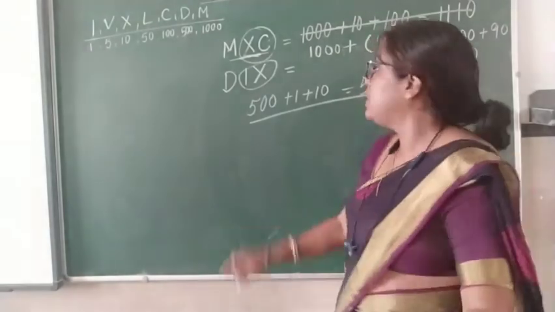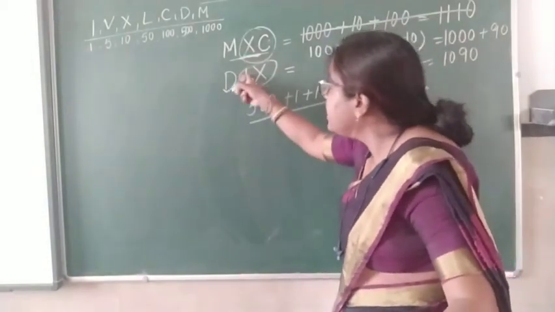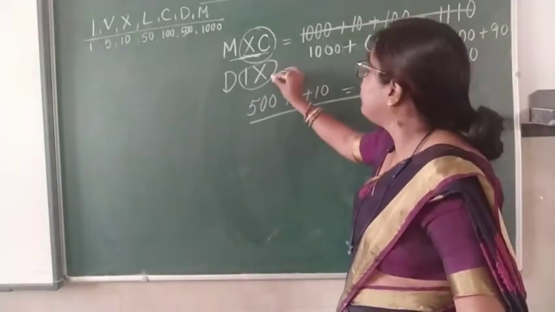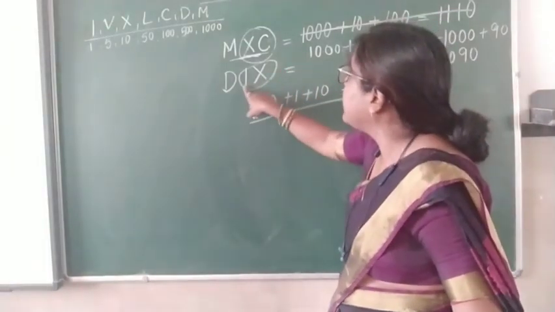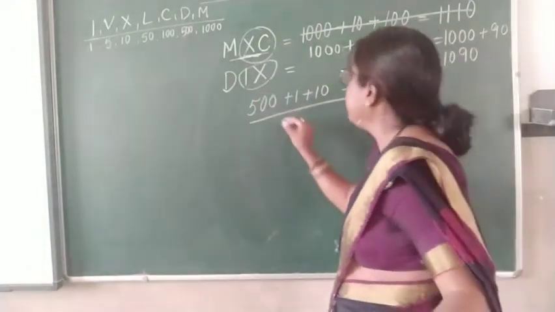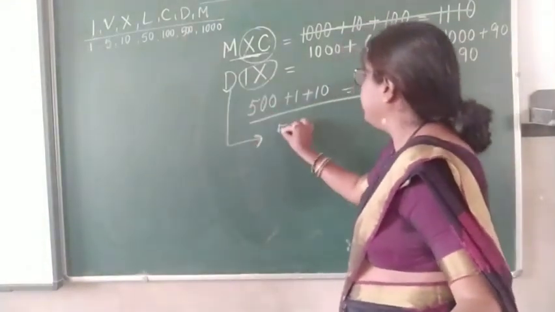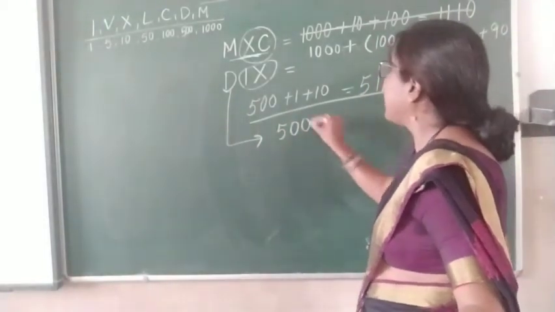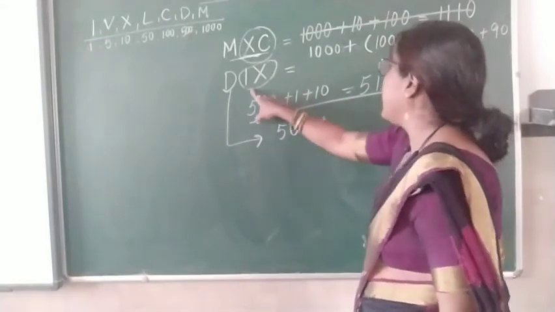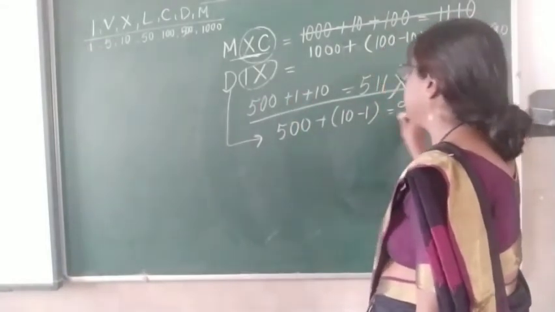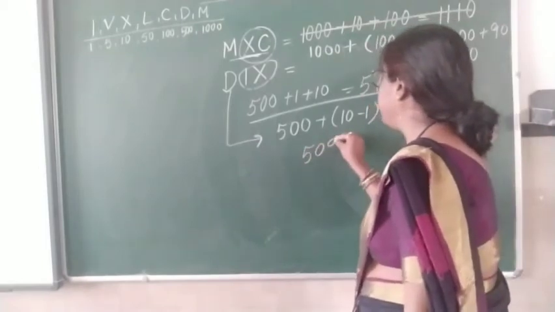I hope this is clear to you. Whenever a smaller symbol is written in between two greater symbols, we have to subtract the smaller one from the extreme right number. So D stands for 500 plus IX, which is 10 minus 1, 9. So it is 509.